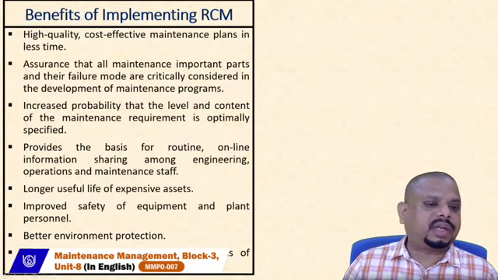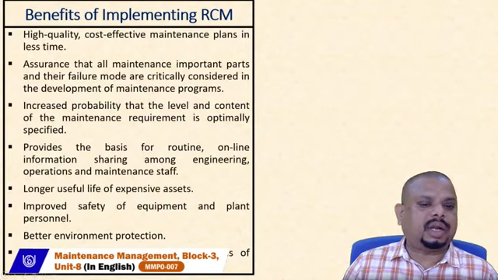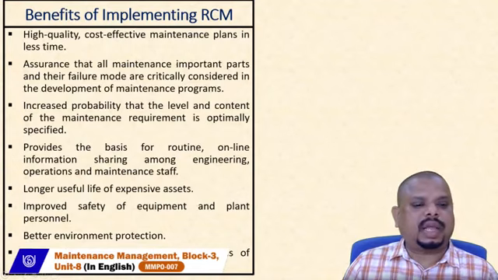The third benefit is the increased probability that the level and content of the maintenance requirement is optimally specified. The fourth one is that it provides the basis for routine, online information sharing among engineering, operations, and maintenance staff.